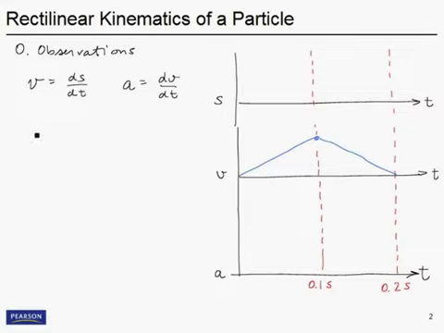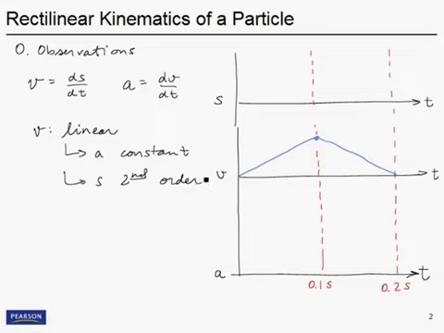So if V is linear, that implies that A is going to be constant. And it also implies that S is going to be somehow second order. Okay, it's going to have a second power dependence on time. And based on what we know about v, we can make some conclusions that look like this. So let me draw the speculative stuff in red.